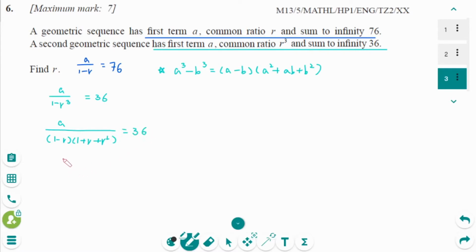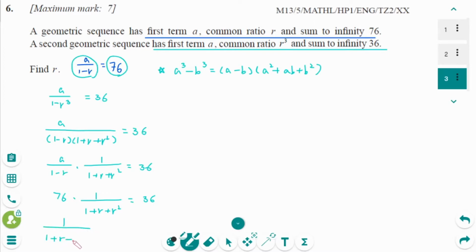We can rewrite as a over 1 minus r times 1 over 1 plus r plus r squared equals 36. Then a over 1 minus r equals 76. So 76 times 1 over 1 plus r plus r squared equals 36. Then divide by 76 on each side. 1 over 1 plus r plus r squared equals 36 over 76, which is 9 over 19.